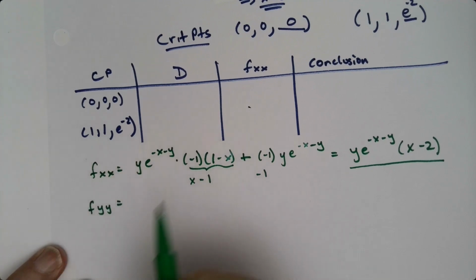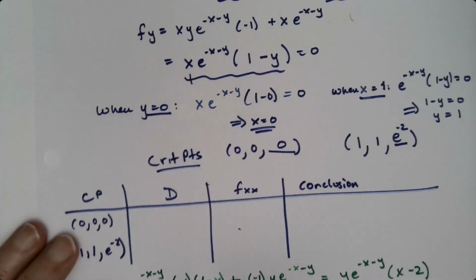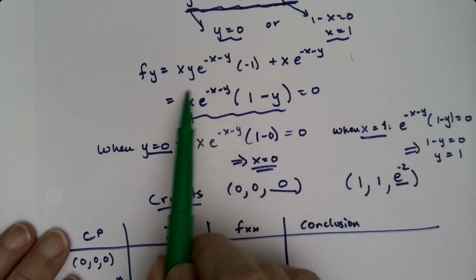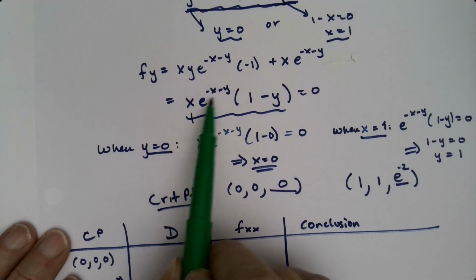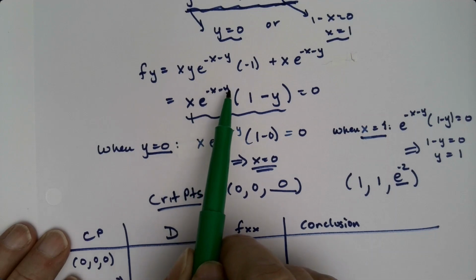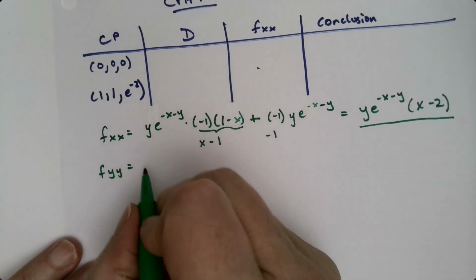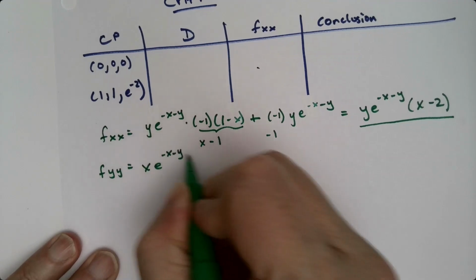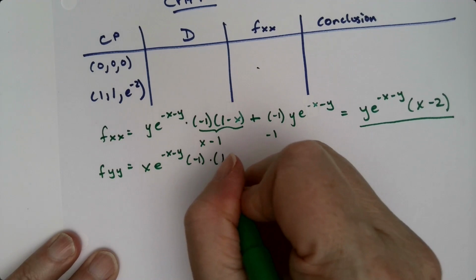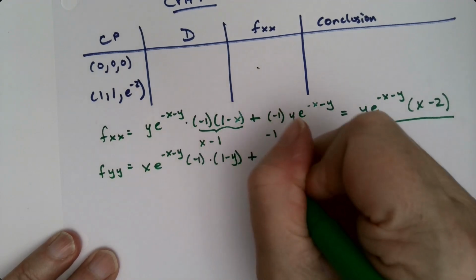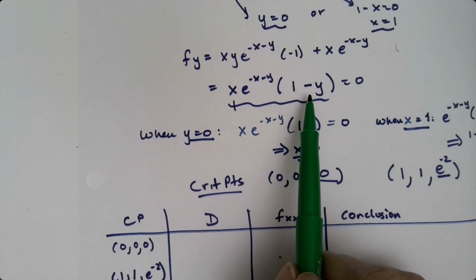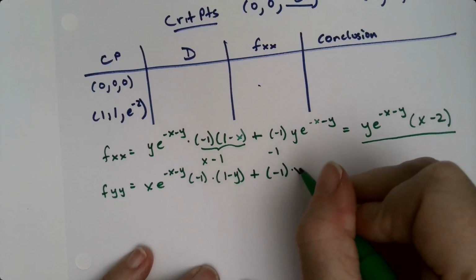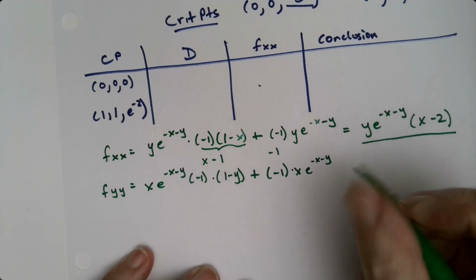fyy would be the derivative of this with respect to y. So I would leave this part alone. The only y right here is the negative y. So I'd leave the first part alone. I'd write x e to the negative x minus y times negative 1, times the 1 minus y, because we just leave it alone, plus, and now we write the negative 1 because that's the derivative of this with respect to y, and then leave the x e to the negative x minus y.